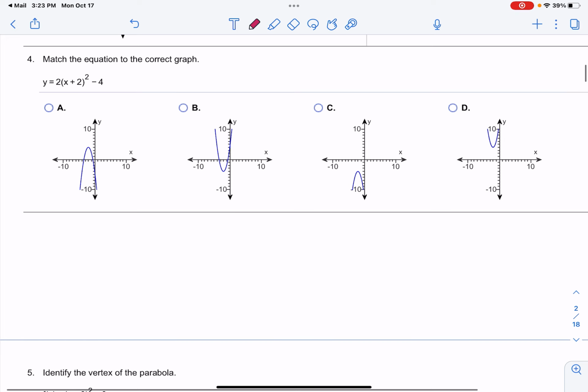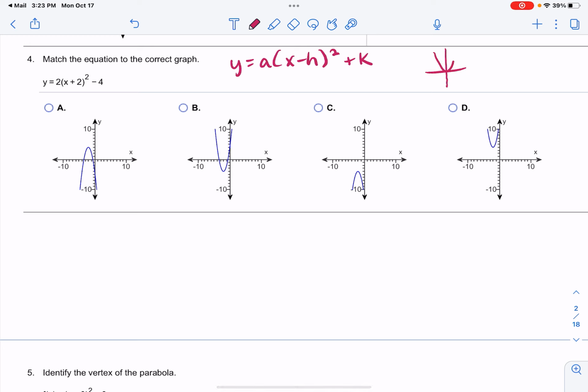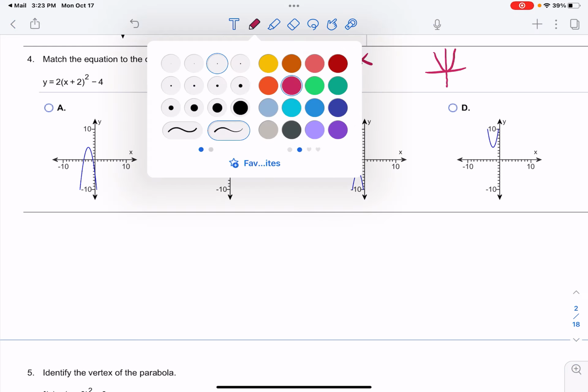For number 4, we're going to match the equation to the correct graph. Because this equation is in the form of y equals a times x minus h quantity squared plus k, we can determine the basic parabola, which has a vertex at the origin, that has been transformed with the different components of this equation.